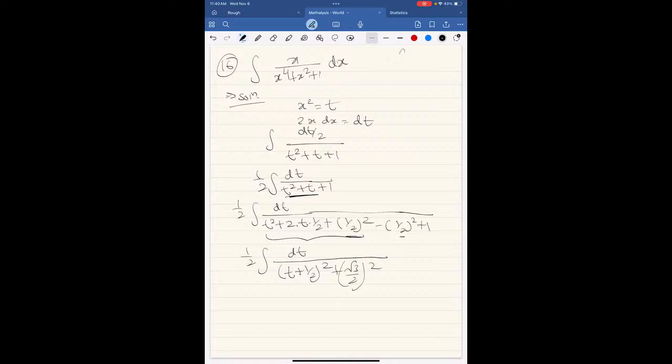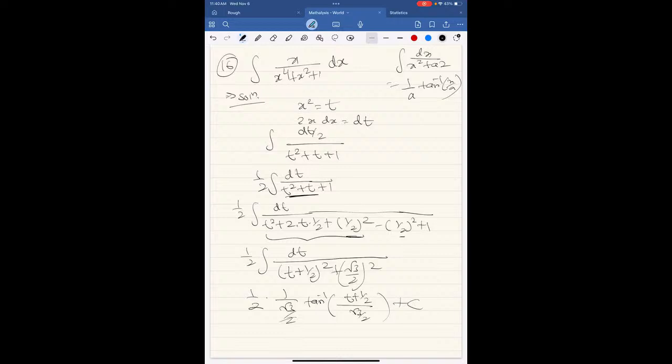Now we know that integral of dx by x square plus a square is just 1 by a tan inverse x by a, right? So this is 1 by 2, 1 by a tan inverse x by a, plus c.